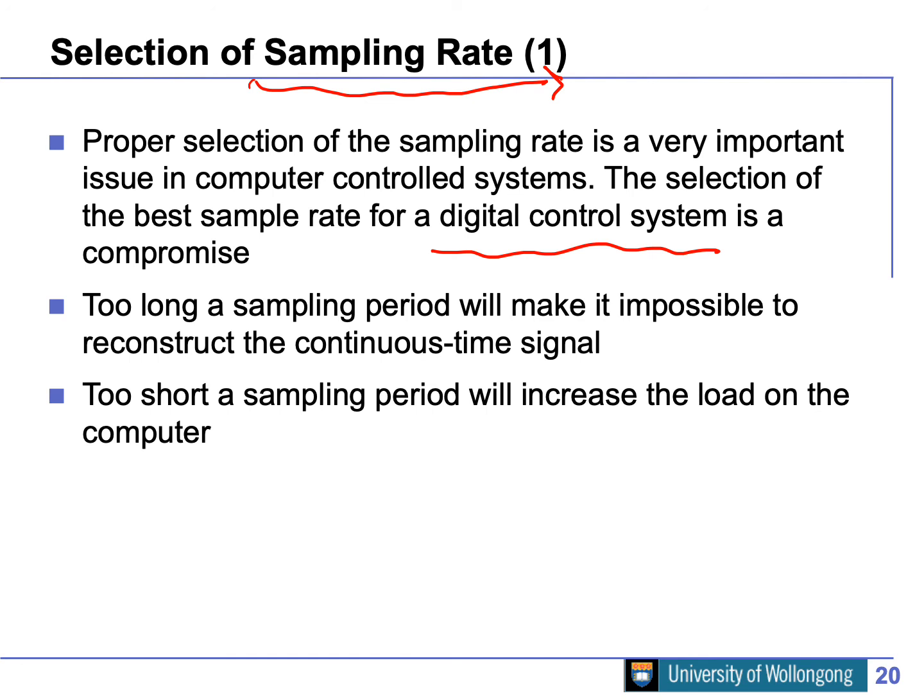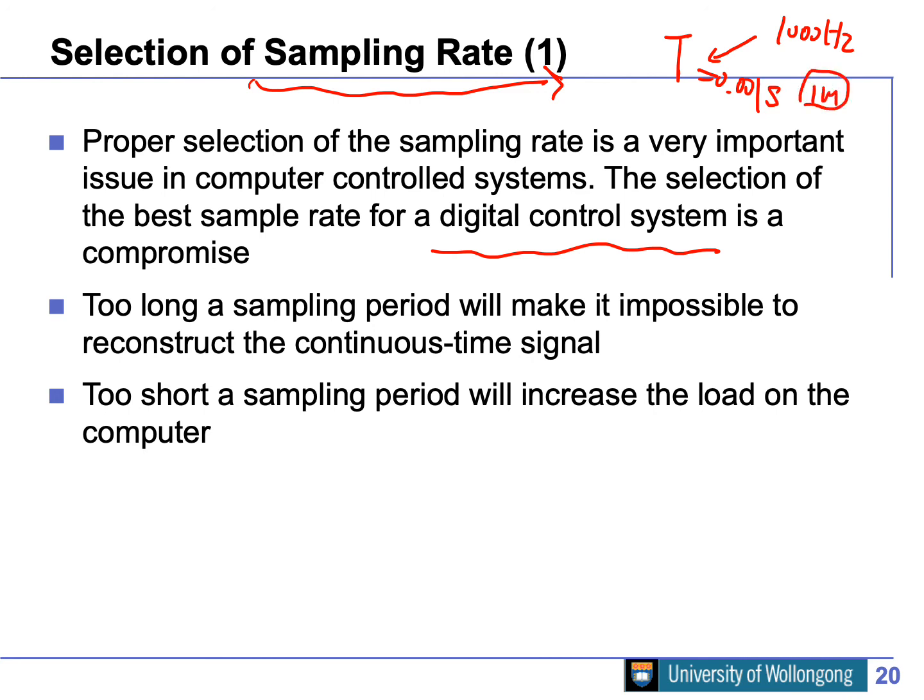You have to have a very computationally powerful computer to handle that, because every single sampling period, say if you have 1000 hertz, the sampling period is only 0.001 second, so 1 millisecond.